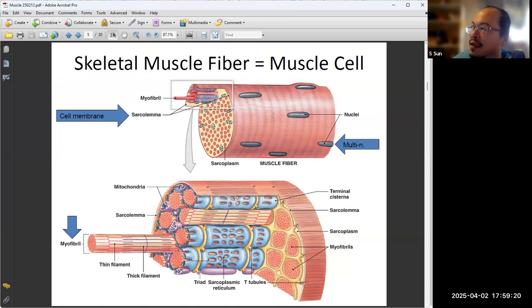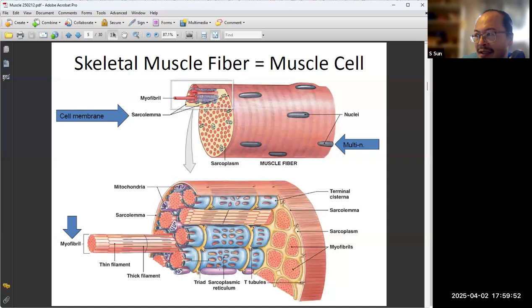We also have something called sarcoplasmic reticulum. This blue network that you can see here is called sarcoplasmic reticulum. What is it? This is basically the same thing as endoplasmic reticulum. In our typical cells, we have these to help with protein synthesis.